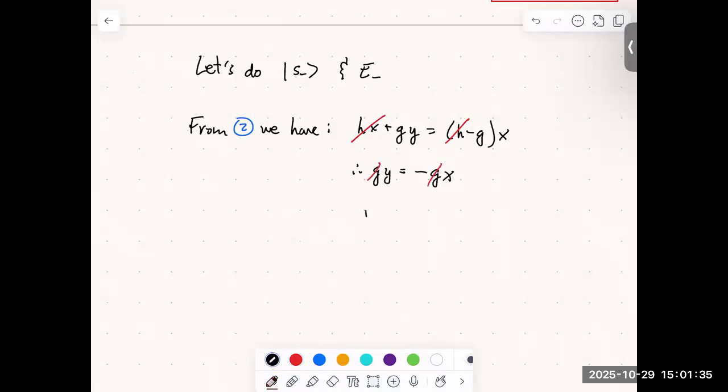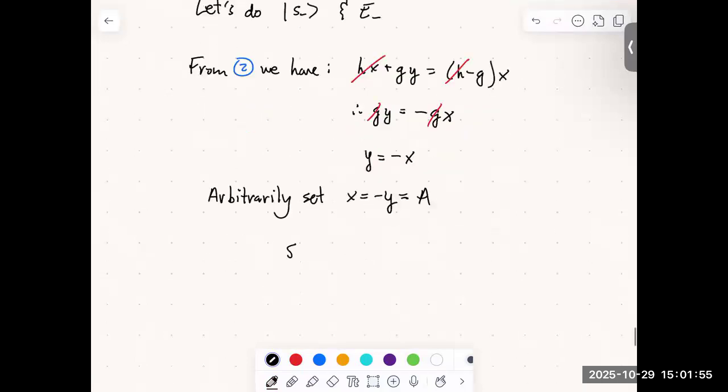And so now we get y is equal to minus x, and we arbitrarily set x is equal to minus y is equal to A. Okay, so that means our eigenstate is going to be A times (1, minus 1).